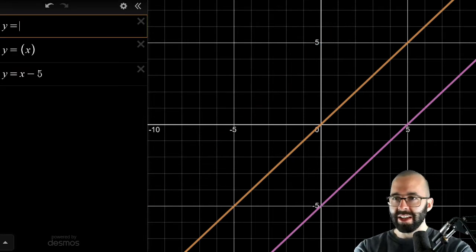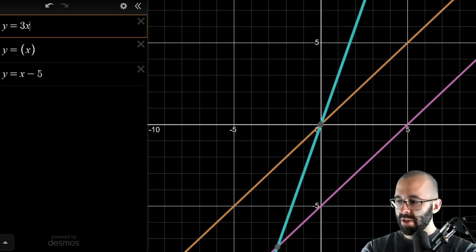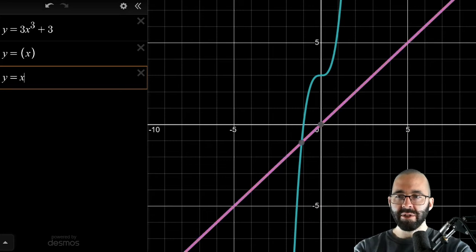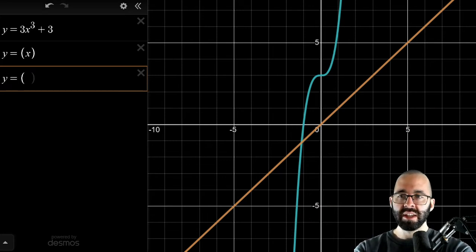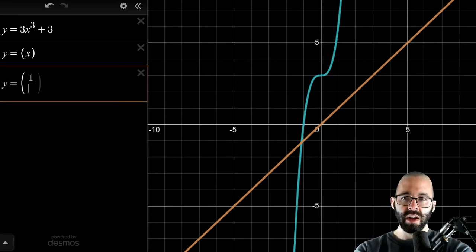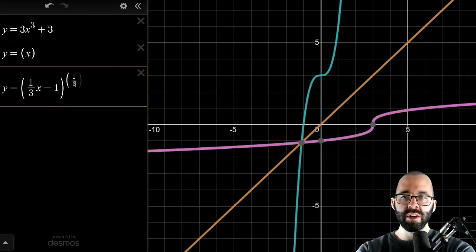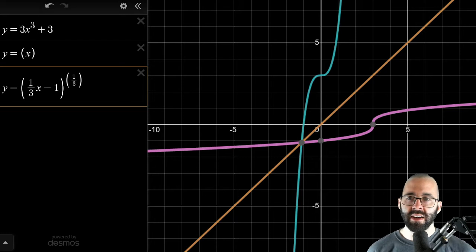Let's look at the other one that we did. We did 3x cubed plus 3. And we said the inverse was the cubed root of 1/3 x minus 1. Remember, you can write the cubed root as a function with a 1/3 exponent.